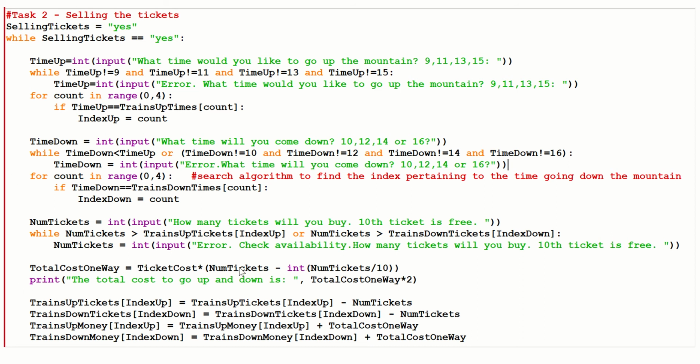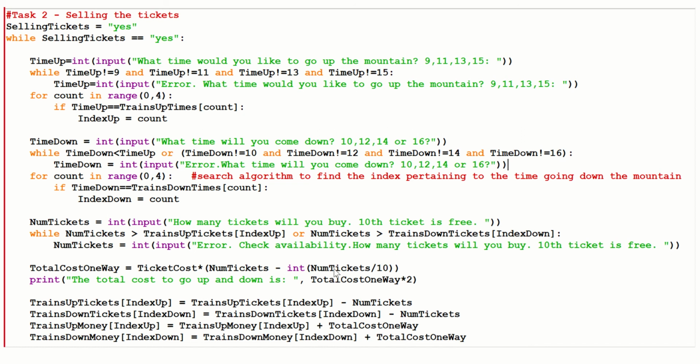ticket cost multiplied by num tickets, the number of tickets, minus integer num tickets over 10. So this is the total amount of tens.